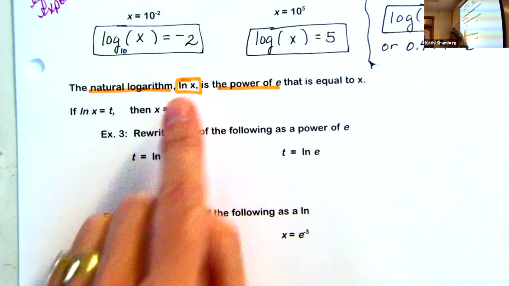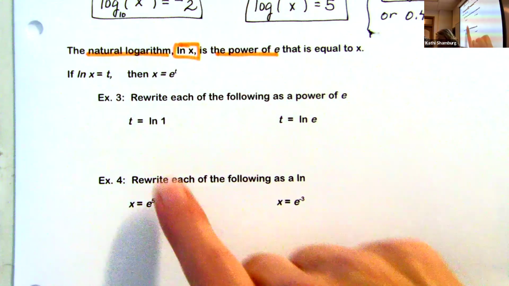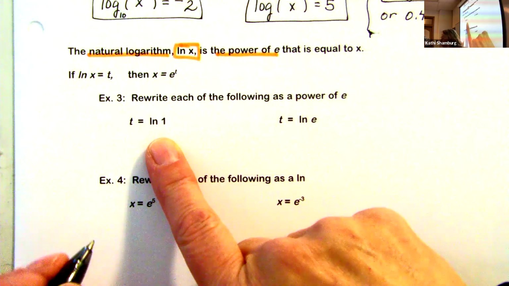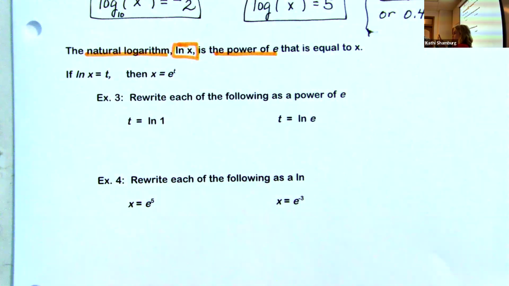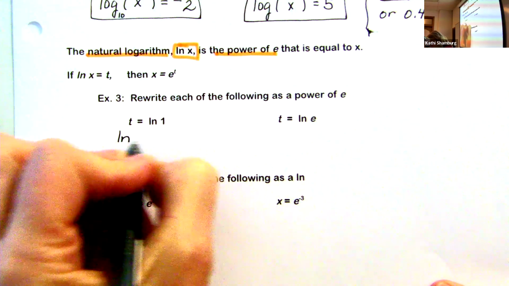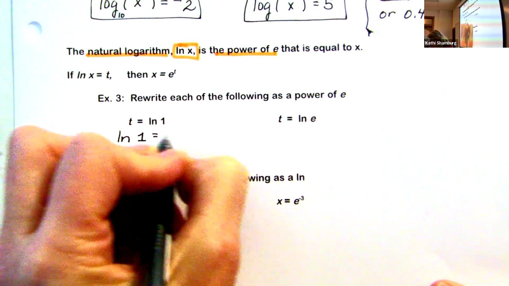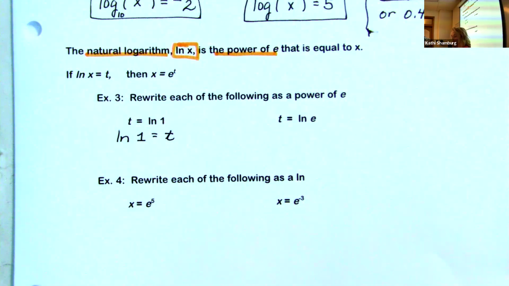Now here's why that's important, because we are going to rewrite this as a natural log. Before I do, I'm just going to switch them. I'm going to write natural log of 1 equals t. I'm just switching them. Here's the reason I did that.